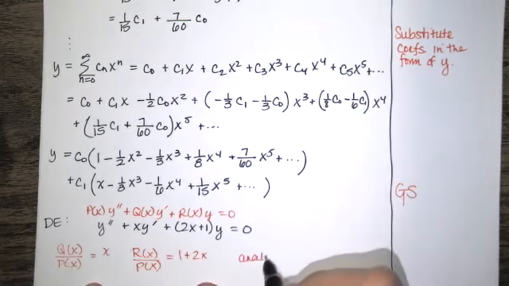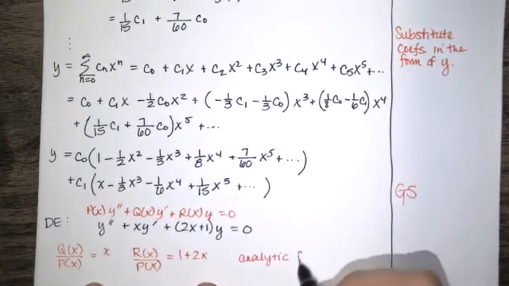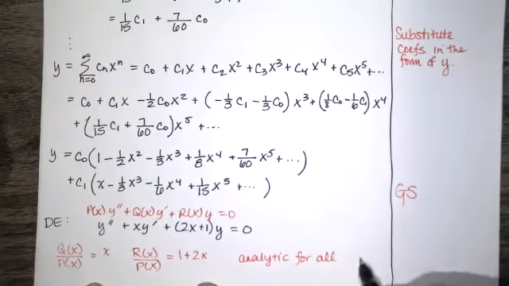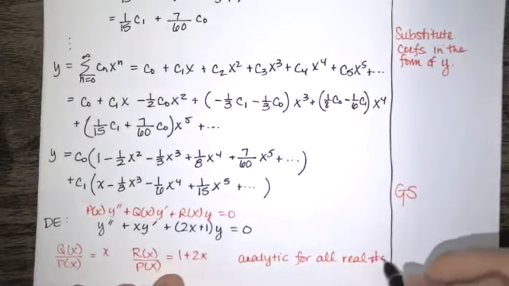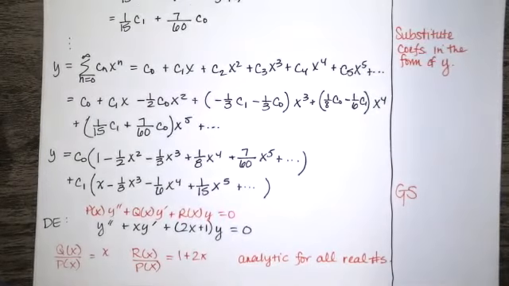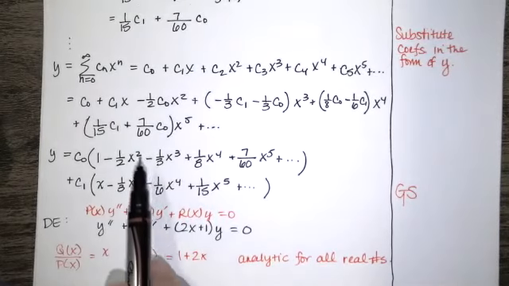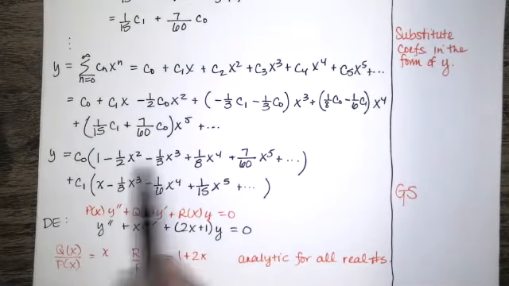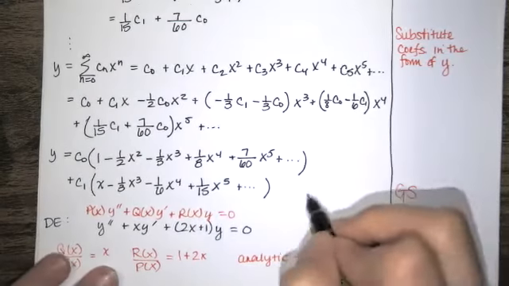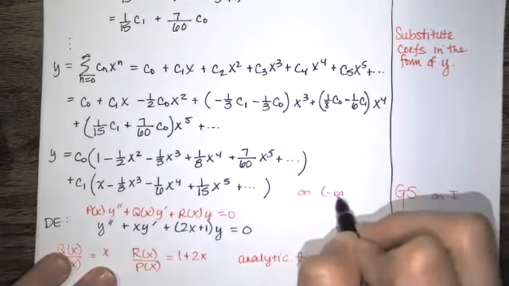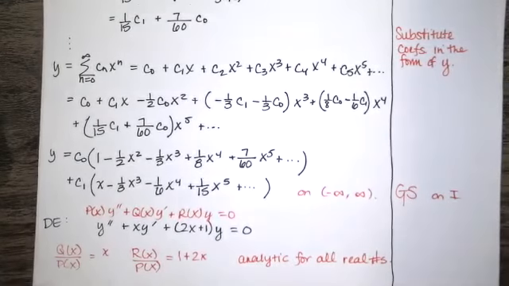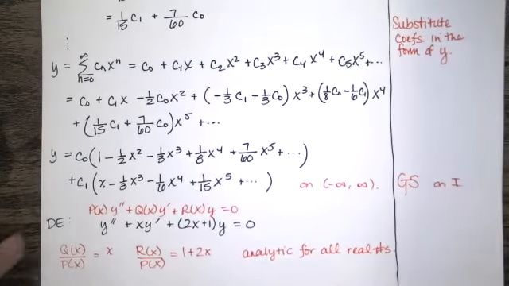So these are analytic functions for all real numbers. And that means they converge for all real numbers. So this series, or these two series, should converge for all real numbers. So the interval of existence is negative infinity to infinity.